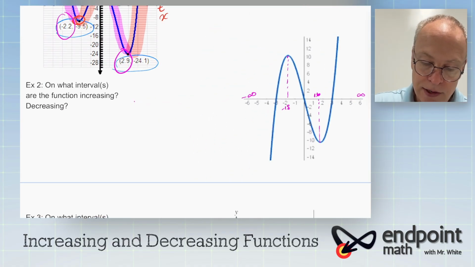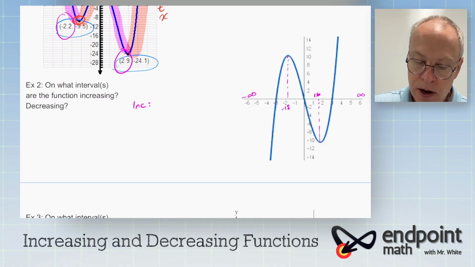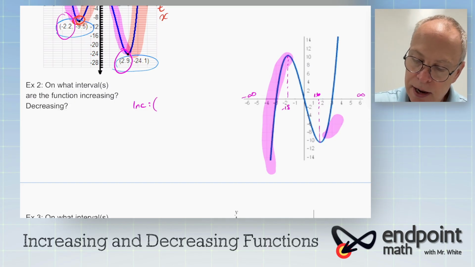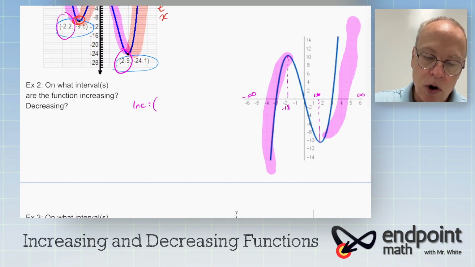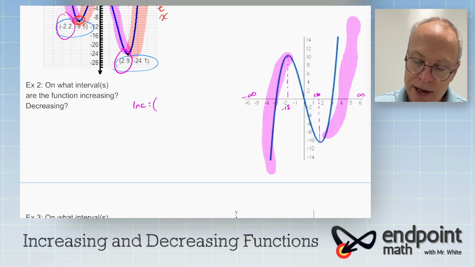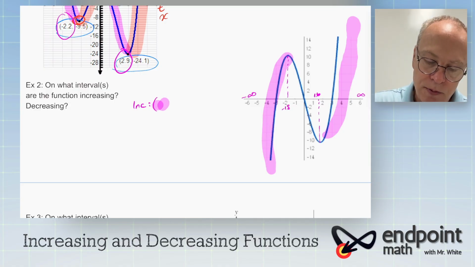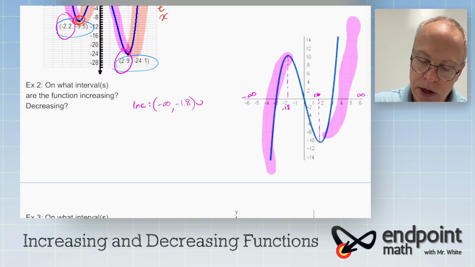So where is it increasing? From here to here and here to here. Again, we're only reading x values off of that x-axis, so it would be negative infinity all the way to negative 1.8, union 1.6 all the way to infinity and beyond.